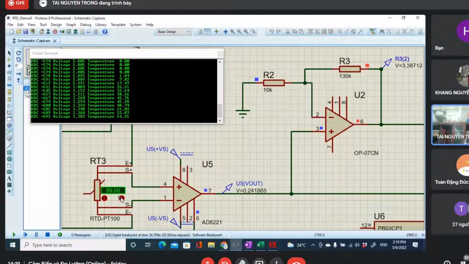Okay, and then we check the voltage that we can reach from the IDC. Okay, and in this case, we have reached the temperature like this, and there a little error.